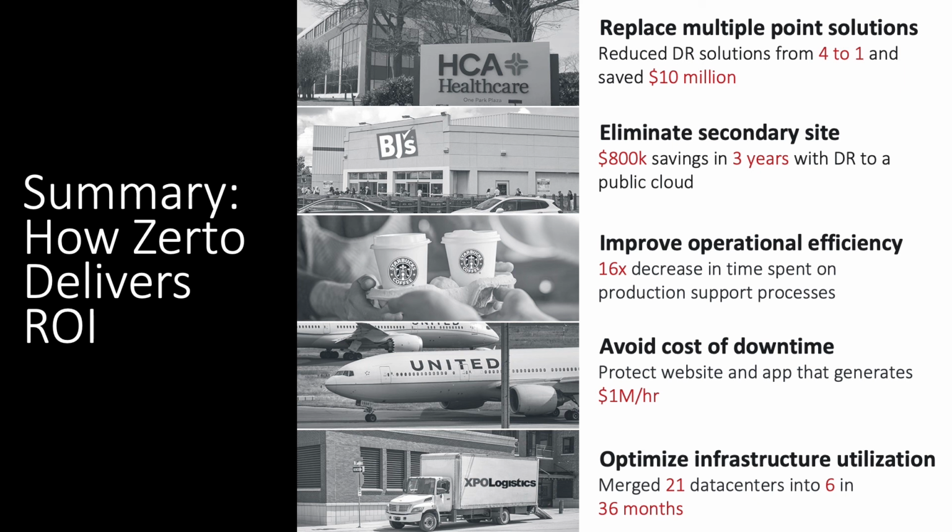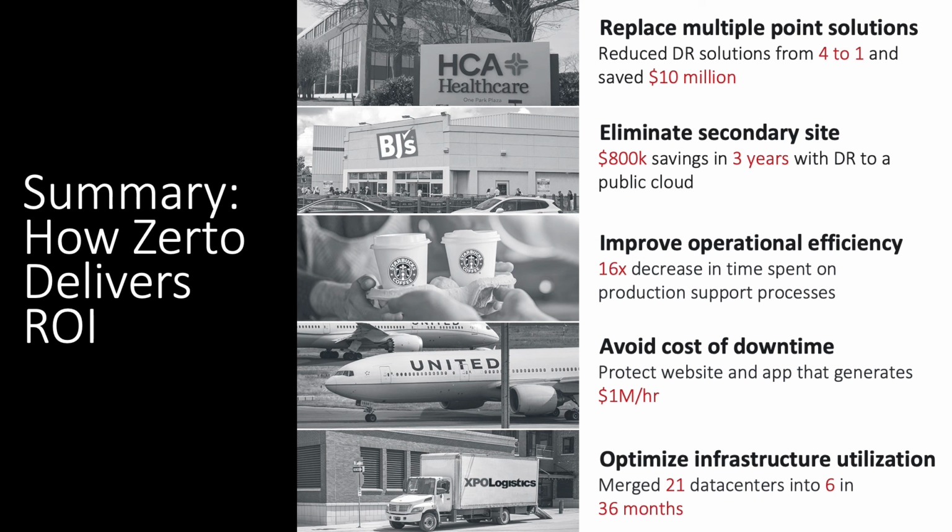Starbucks was able to improve their operational efficiency, which led to a 16x decrease in time spent on production support processes. And United was able to protect their website and their application that generates over $1 million an hour. They were able to protect it by avoiding the cost of unplanned and planned downtime that other organizations had. Zerto was able to shield them from that. And ultimately, XPO Logistics was also able to optimize infrastructure utilization.